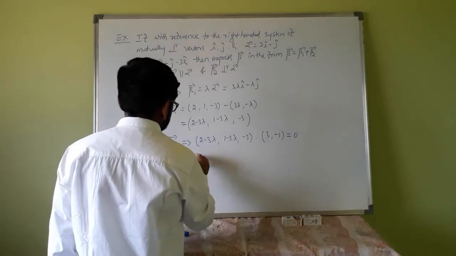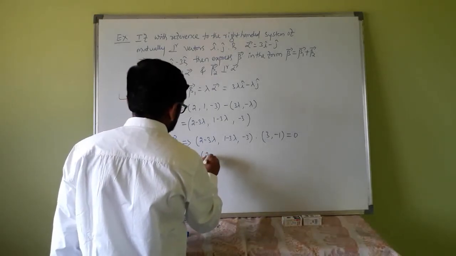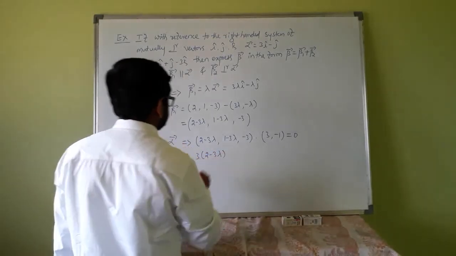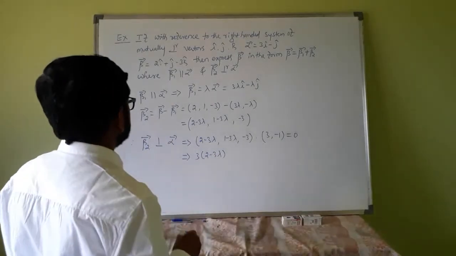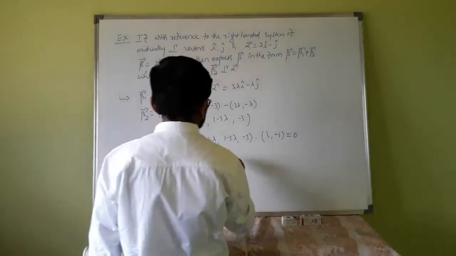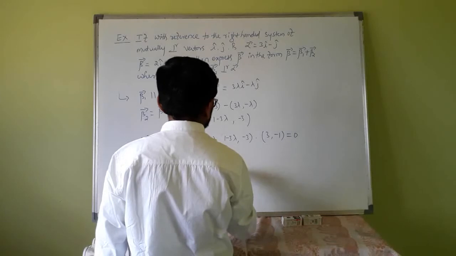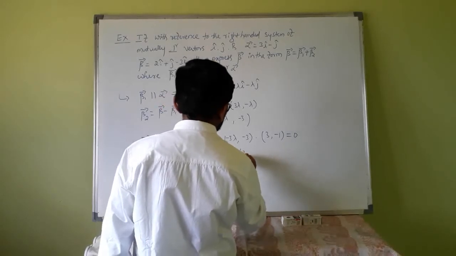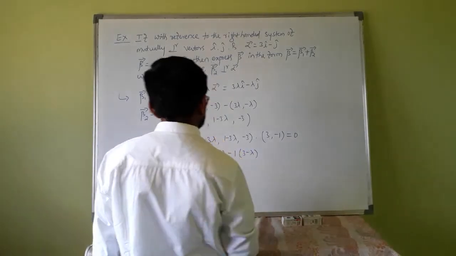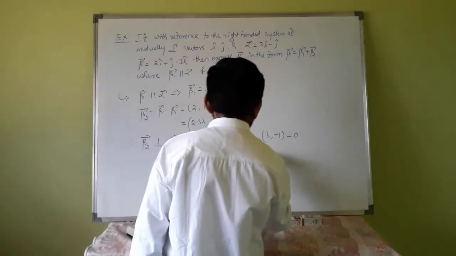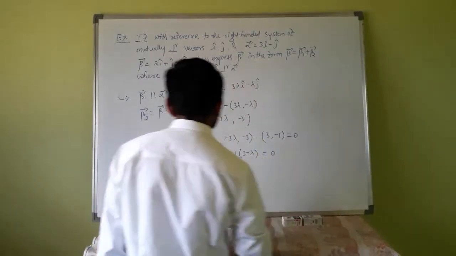See, 3 times 2 minus 3 lambda plus minus 1 into 3 minus lambda is equal to 0.